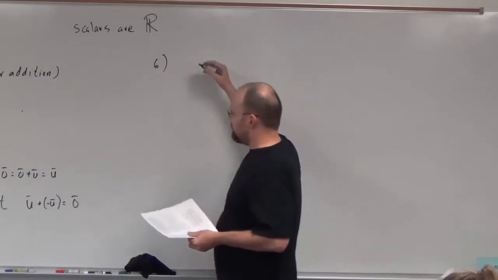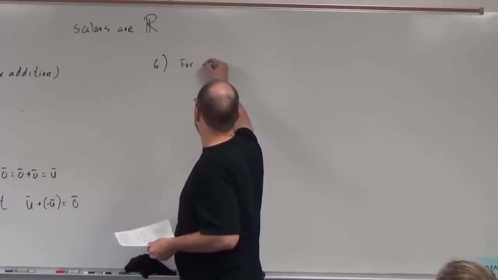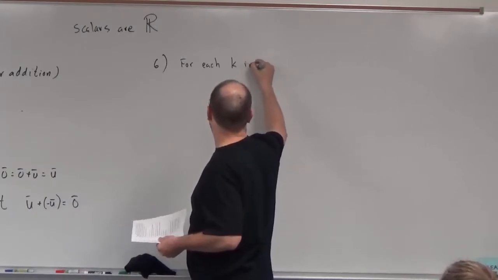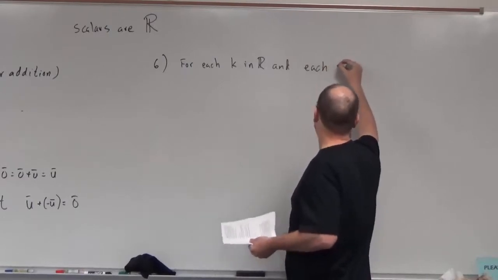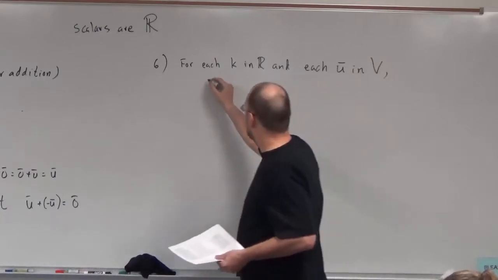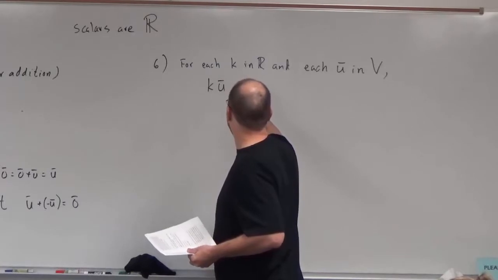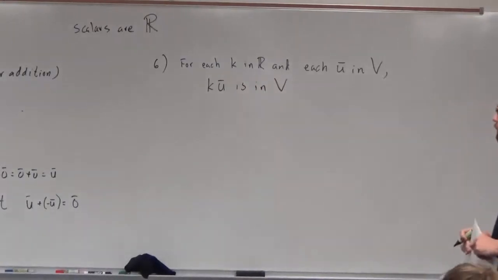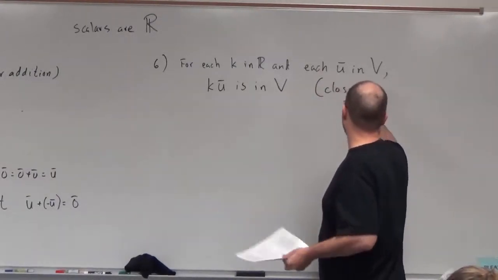And we have a closure property for scaling. For each scalar that is a real number, and each vector, if you scale that vector, you get something that's in the set. This is called closure under scaling, or scalar multiplication.